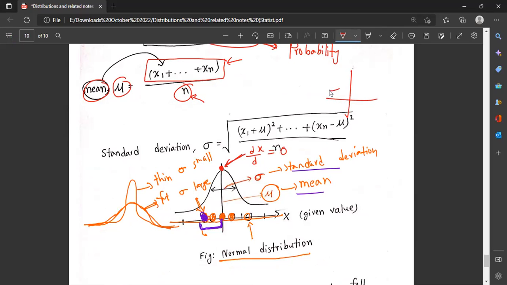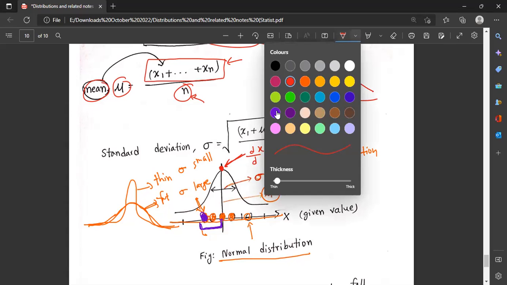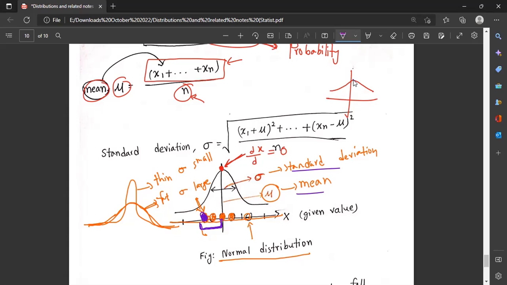So on the peak point here, the derivative will be 0, because here the slope is equal to 0, okay?